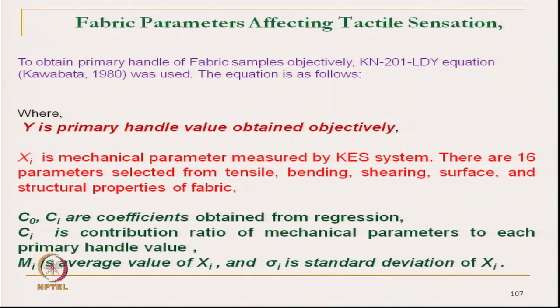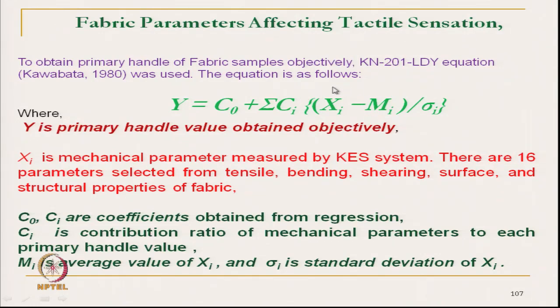This is the equation we have mentioned, where y is the value we try to get for the handle related aspects, or tactile sensations, and C0 is the coefficient of the equation, and Ci is the contribution ratio of a particular parameter.